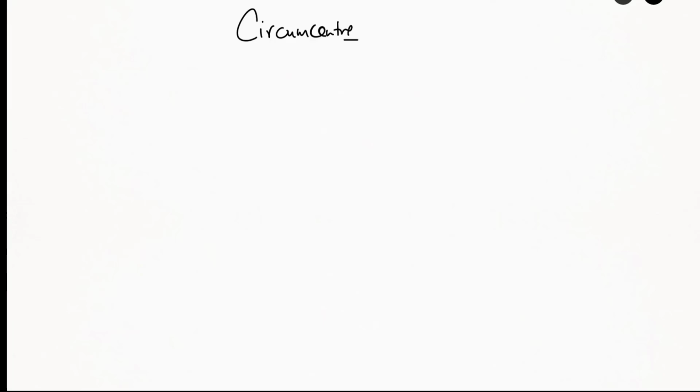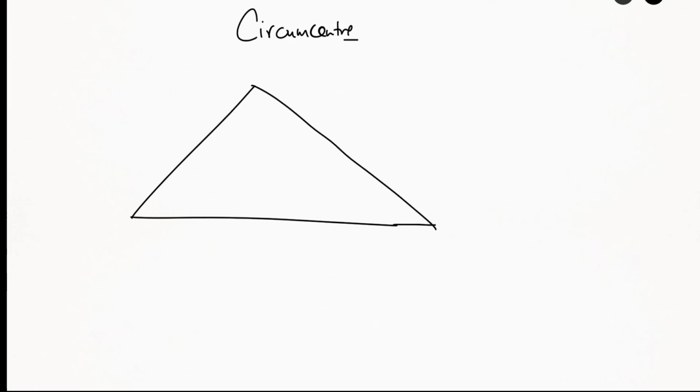Circumcenter is basically the point where the perpendicular bisectors meet, like this one and this one. These are perpendicular bisectors. This point is called C, that is the circumcenter.